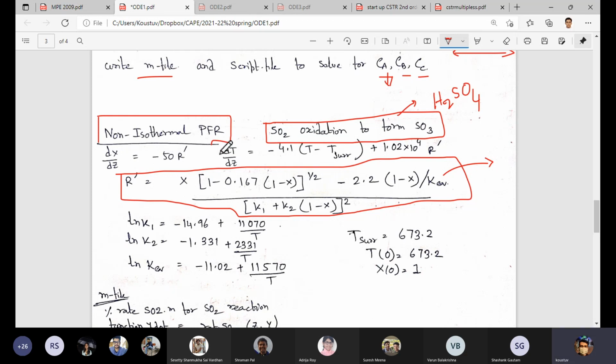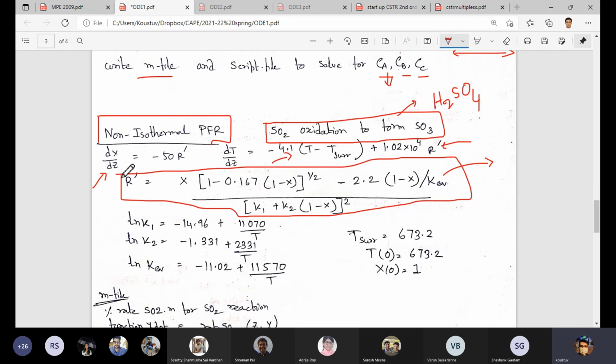Again, as I said, in case of non-isothermal, we will have a heat removal term. We will also have a heat generation term, and due to the variations across the length of the reactor, this dT/dz term will always be there, and we have also written this as dX/dz.